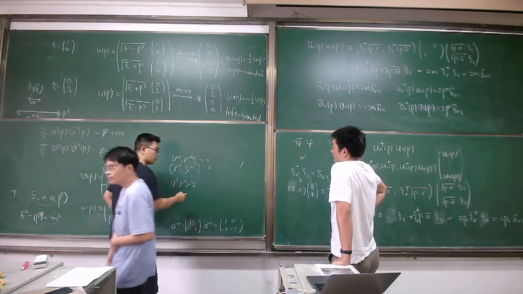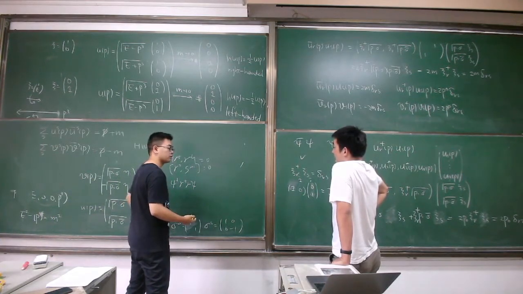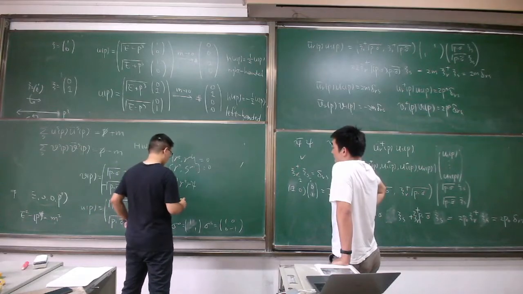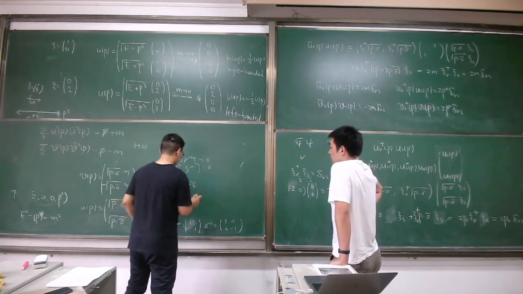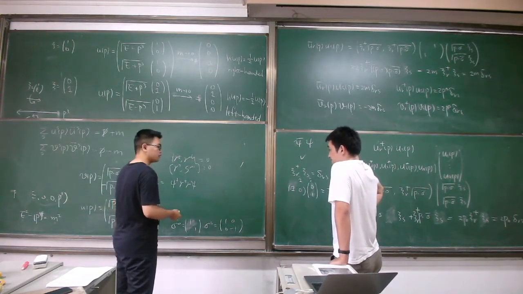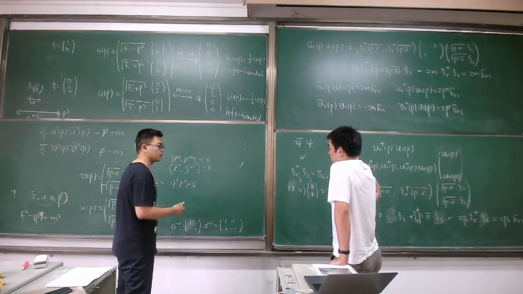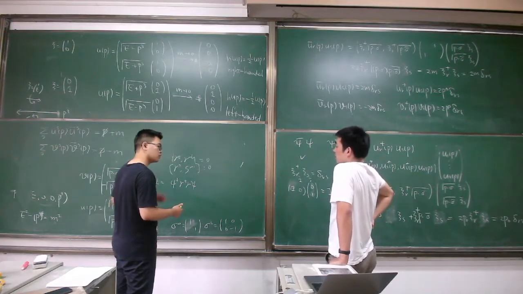Why can't this be our Lagrangian? Yes, that's fine. So the Dirac equation is actually equivalent to the original, but that will give you some physically nonsensical solutions.